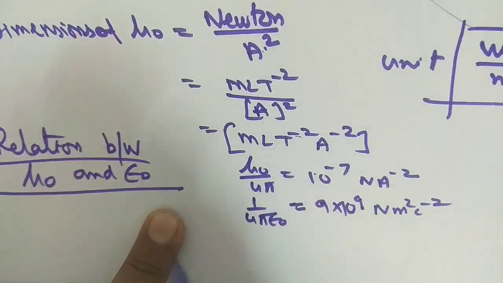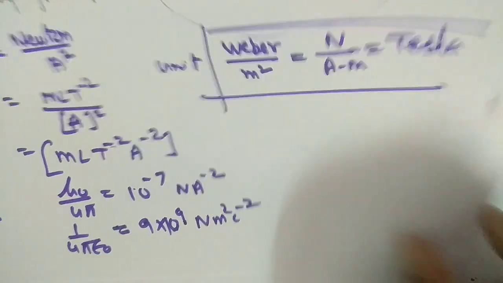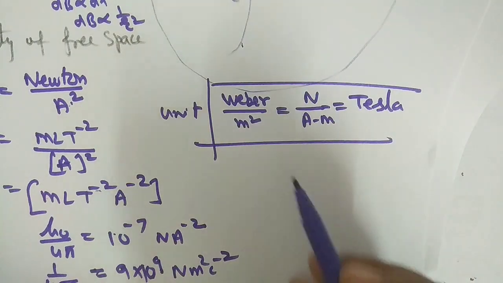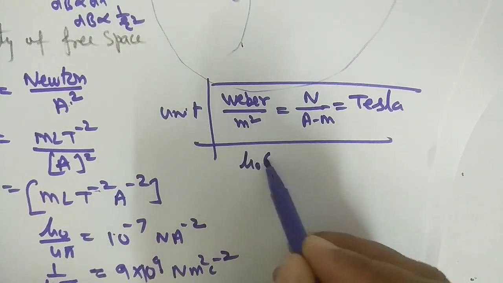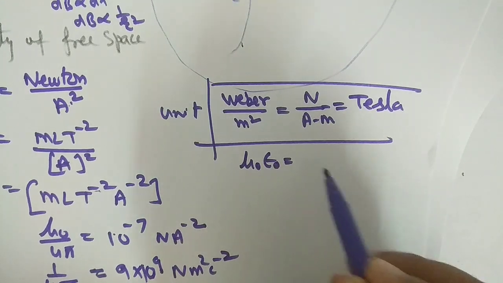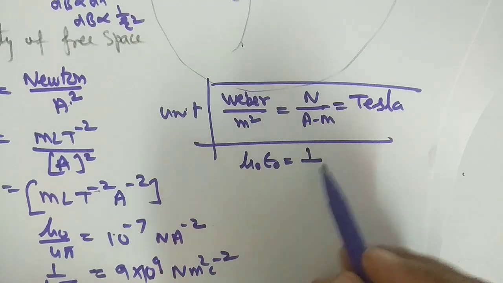Now we have to find a relation between mu naught and epsilon naught. Here we can find a relation because the values are written, so that's why I am not starting a new page.